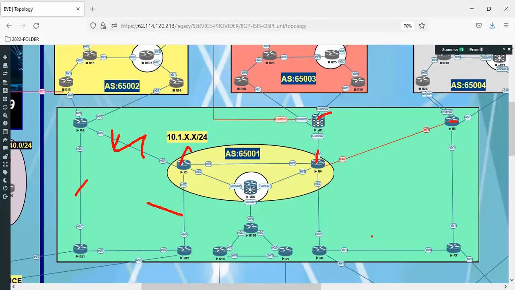Each link that OSPF runs on will be in the OSPF database on each router as an LSA type 1. We need to optimize this behavior. We need to suppress, to take out, to remove all the transit links from the OSPF database.